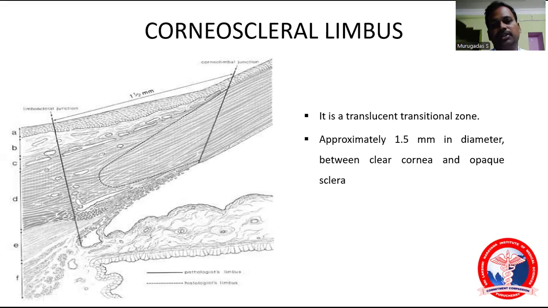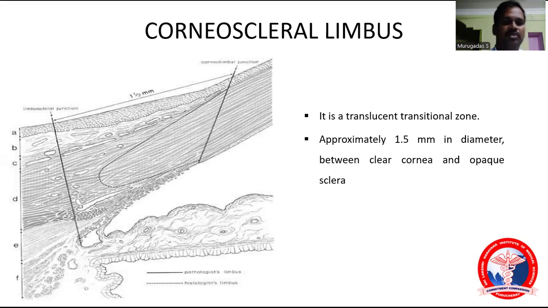Let us see the structure, that is corneoscleral limbus. It is the part where the cornea merges with the sclera, the junction between the sclera and the cornea. This is actually a translucent transition zone, approximately 1.5 millimeter in diameter, between the clear cornea and the opaque sclera.